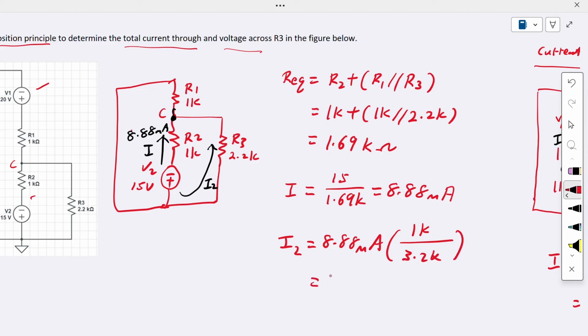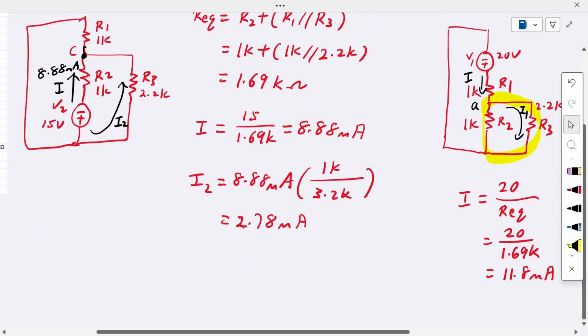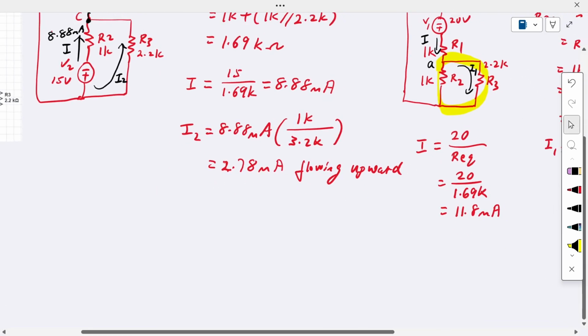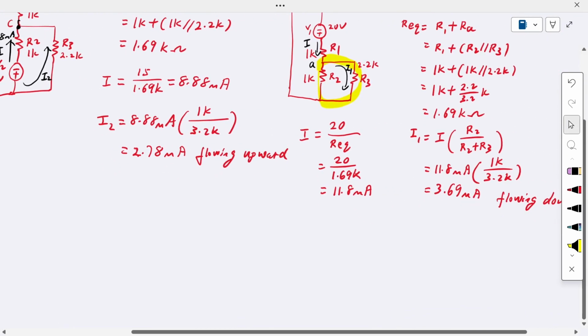In this case, we calculate and get 2.78 milliampere. This I2 is flowing upward.